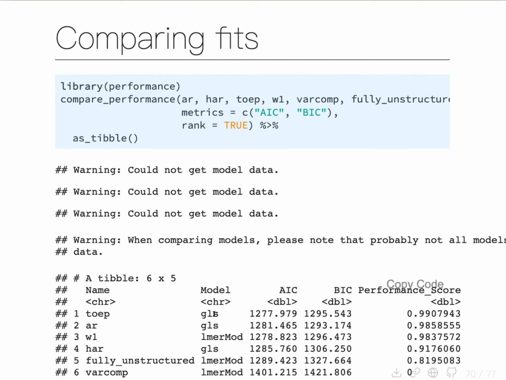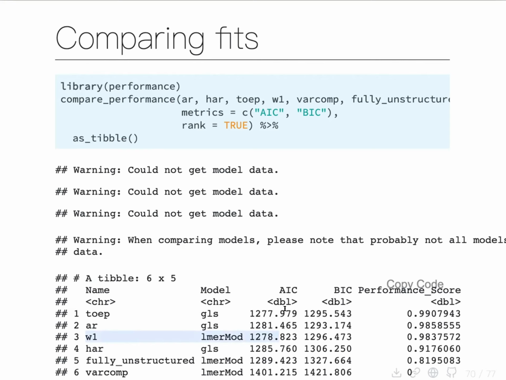In this case, our best fitting model is the Toeplitz model, according to AIC, but it's pretty small compared to the autoregressive, or the just unstructured, the standard multi-level model. So we have 1277.98.